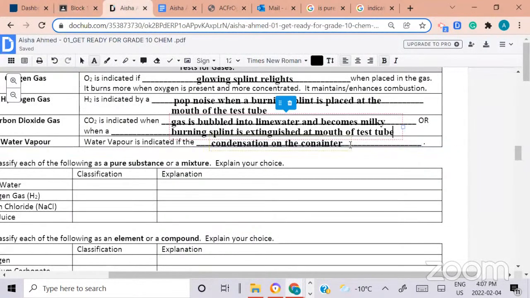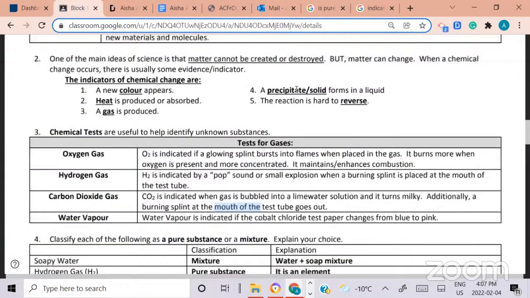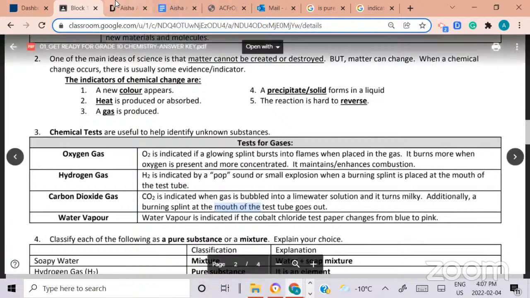Okay, now water vapor. Wait, let's check the water vapor one. Okay, so water vapor is indicated if the cobalt chloride test paper changes from blue to pink. Okay, I wasn't sure about that. Just copy paste that, or just type it in yourself.